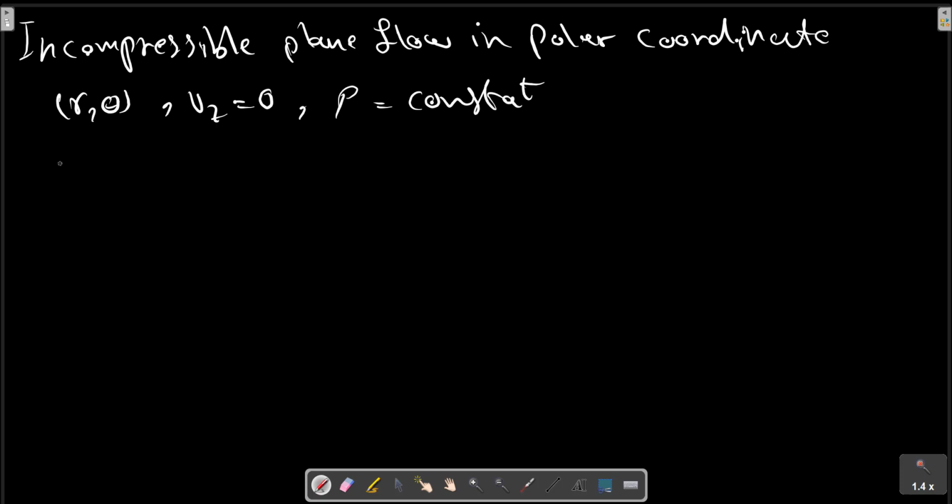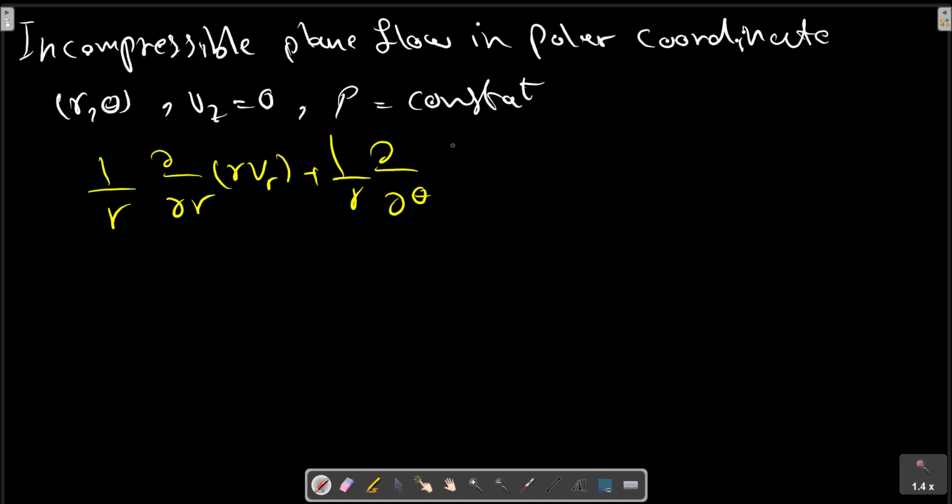For plane flow in polar coordinates, the continuity equation reduces to two parts in polar coordinates, equals 0. After multiplying through by r, we see that this is the analogous form of the stream function relation.